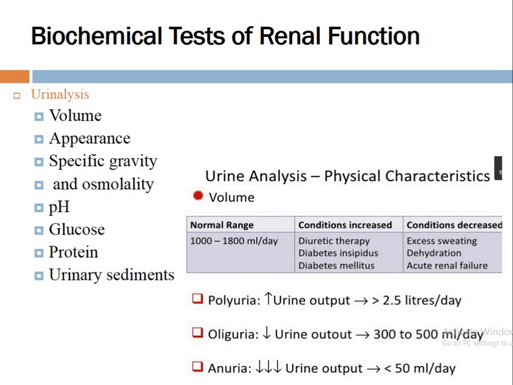The same is the case with dehydration. Dehydration may be due to diarrhea or excessive vomiting. In that condition also, loss of fluid will lead the kidney to preserve as much water as possible. In acute renal failure, again, there can be a decrease in the urine output.